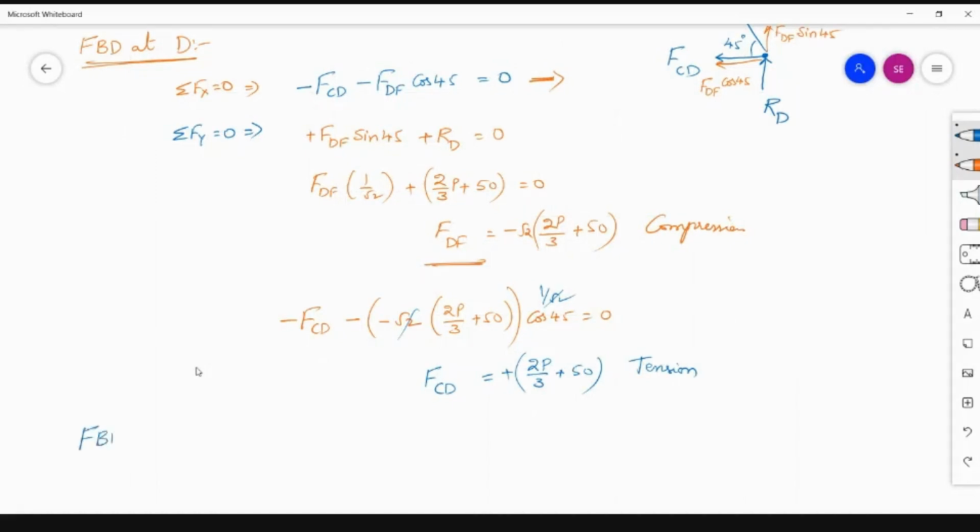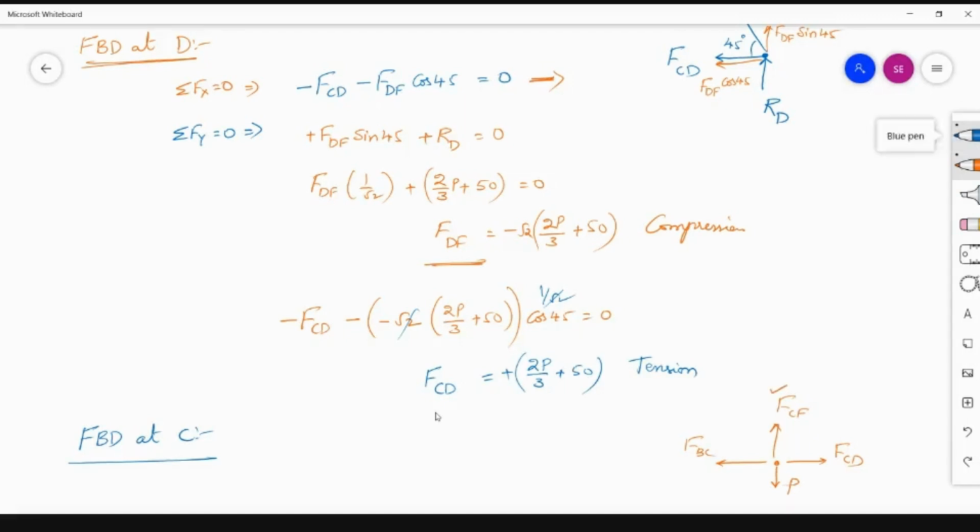Now, draw the free body diagram at C. When you draw the free body diagram at C here, this is the force in CD, this is the force in BC, the force in CF, and a downward force of P is acting. We require only the force in CF.